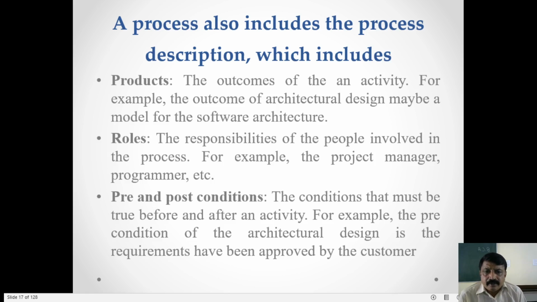A process also includes the process description, which includes products, roles, pre and post conditions. Product is nothing but what? Outcome of the activity. We have done many activities. Outcome of that is called a product.